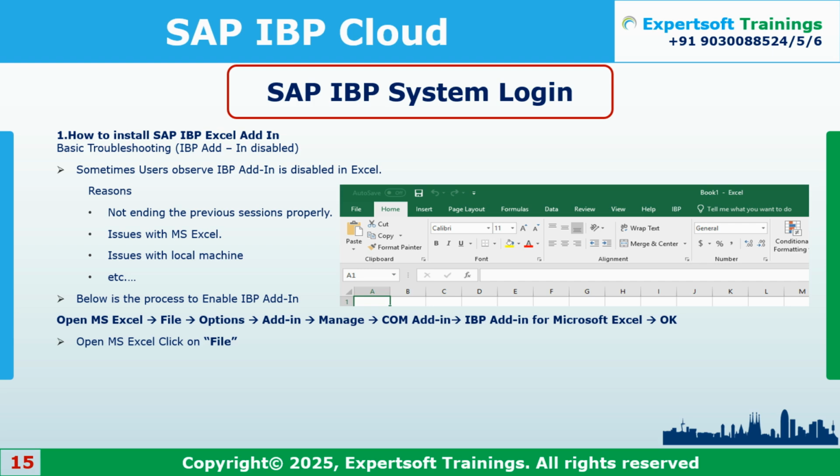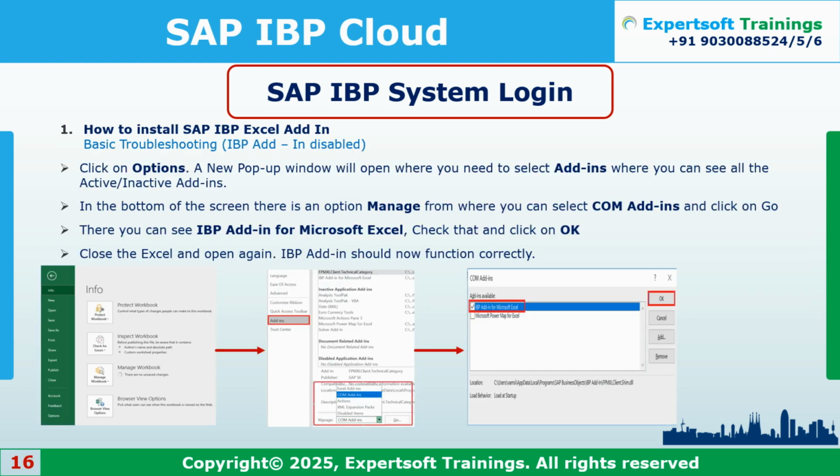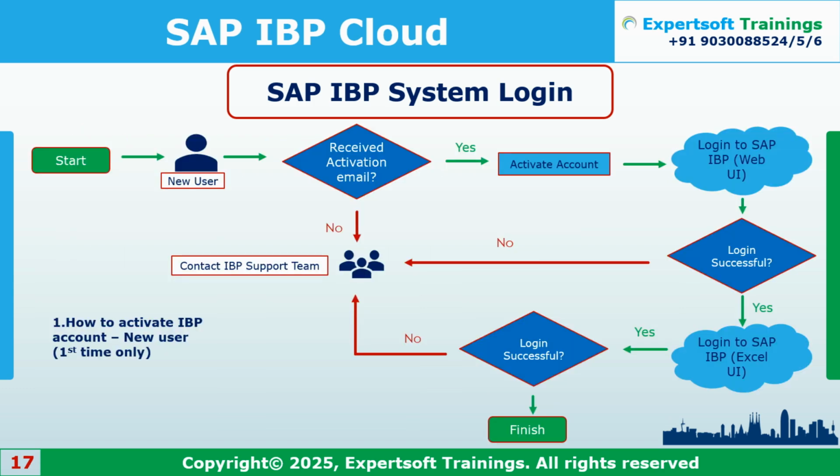Once the user is added in the IBP instance, you will immediately receive an activation mail. In the activation mail, you will have the IBP instance URL, and from there you need to activate your account by setting up the password and everything.